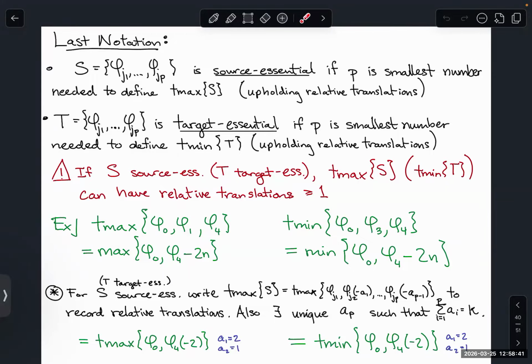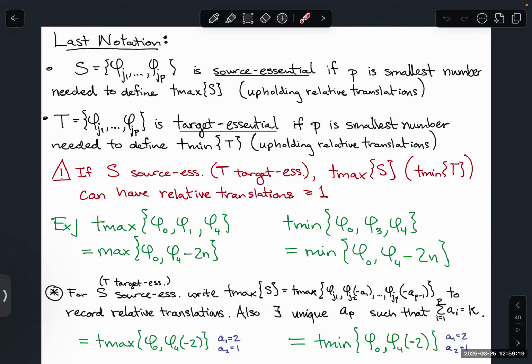And so I'm going to introduce this notation that's a little bit like a degree shift from homological algebra in exact sequences. I'm going to write this relative translation with a minus multiple of n that it needs to be. If we have a source essential set, we can condense this down to a list of p fundamental height functions where each of them, every one but the first one, has some relative translation factor.